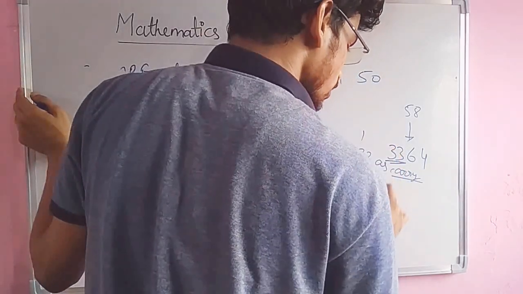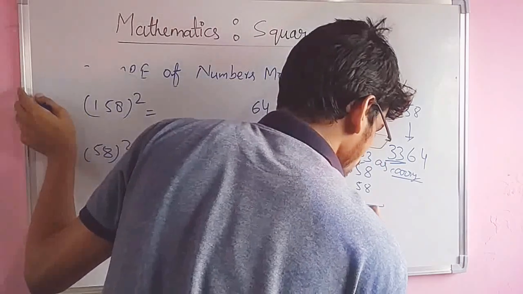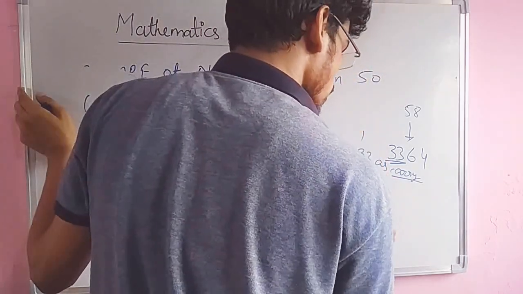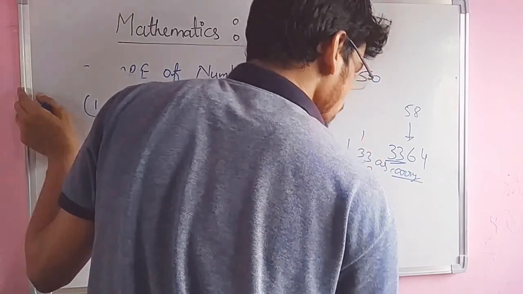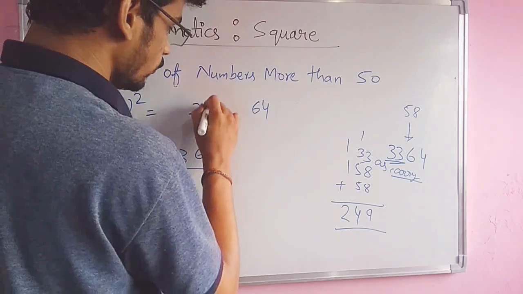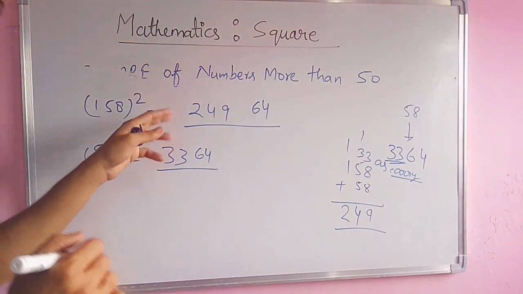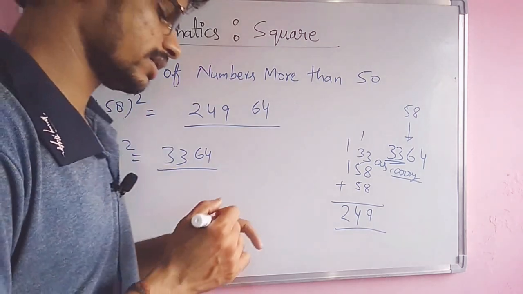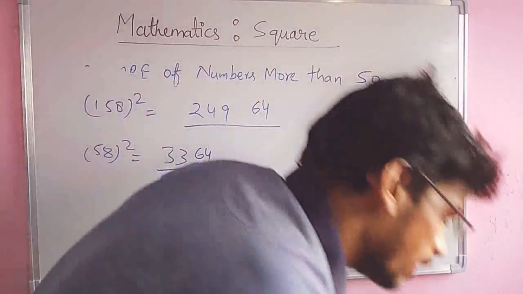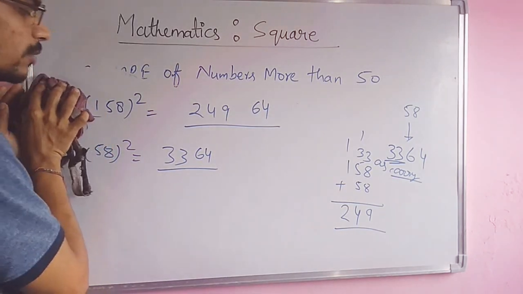Carry 1, 5 plus 5 is 10, 13. 14, 4 carry 1 plus 1 is 2. Here 24964 is the calculated square of 158.